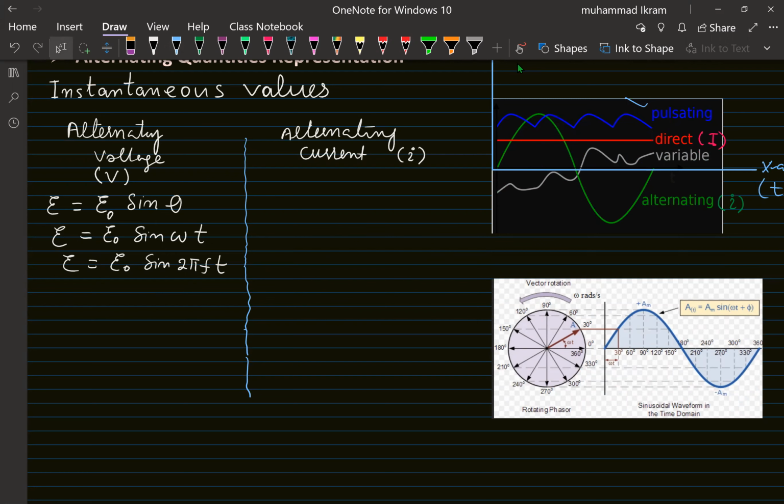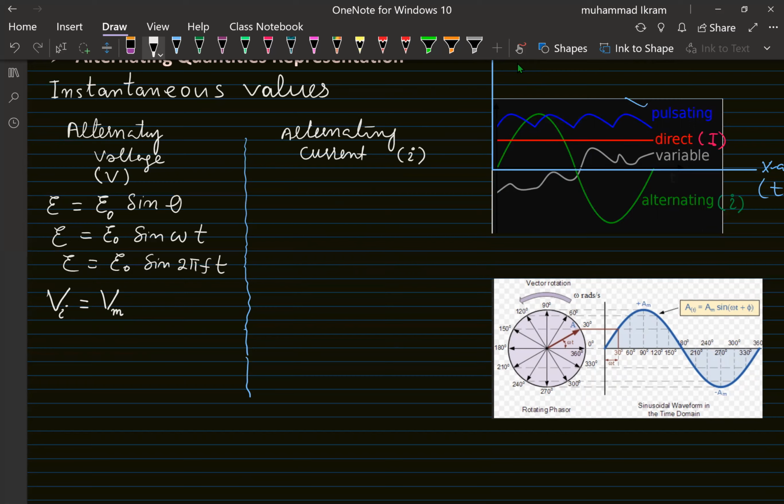Now if we want to be practical, then we will do it in terms of potential difference. Here we have the induced voltage, that is v, and I will label it instantaneous, right? And that is V max or V naught.